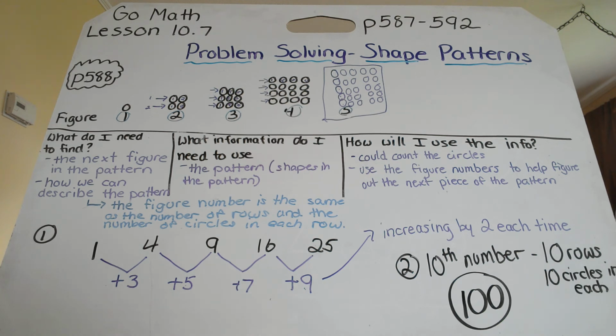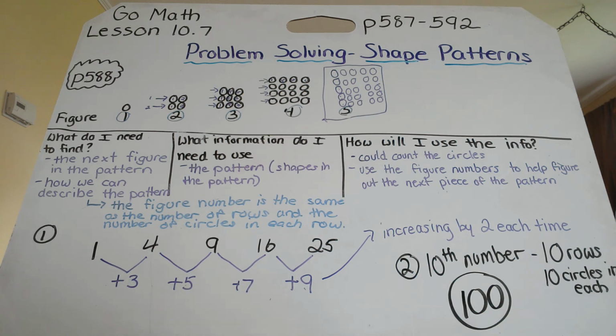Now 590 is using some pictures of different vehicles, okay? And there is a tricky question on here, so I want you to be prepared for number 5. And always be sure you are contacting your specific teacher if you have questions, okay? Because number 5 can be a little bit tricky on page 590.